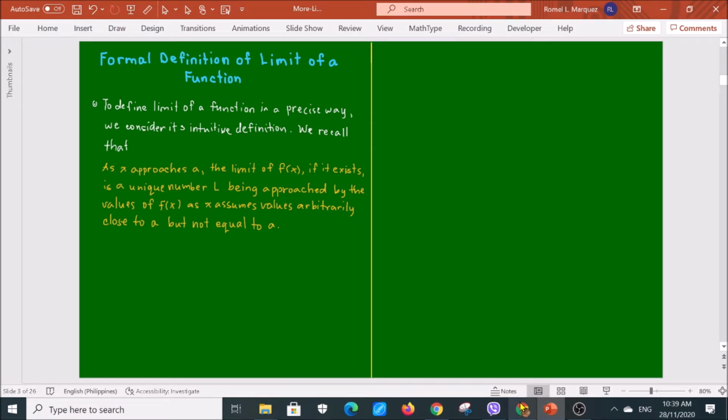So this is how we define the limit of a function intuitively. Okay?